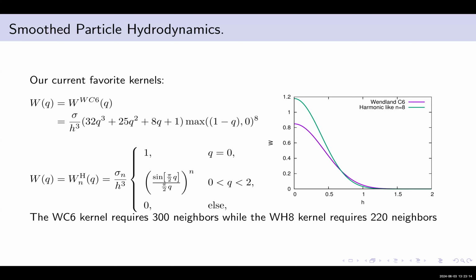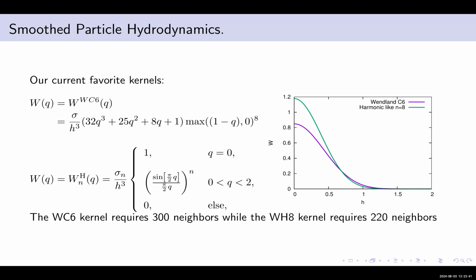The green kernel is a higher order kernel that gives higher accuracy in your density estimates, but its Fourier transform is not positive, so it could potentially be susceptible to some of these pairing instabilities, but in practice we don't really see that.